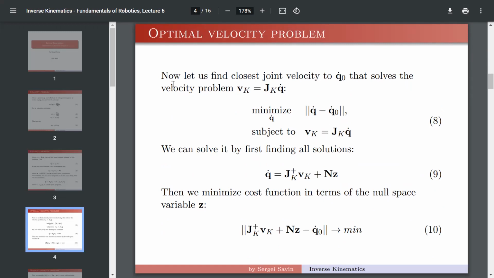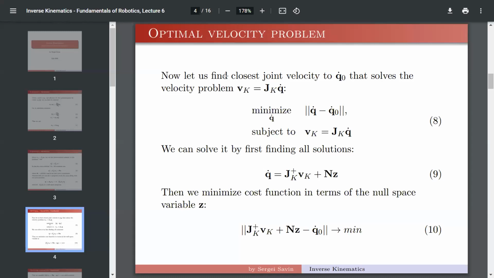Let us solve something that I called the optimal velocity problem. That is not a terminology from the literature that I picked up. I just wanted to point out it is slightly different, but don't take the optimal part too seriously.